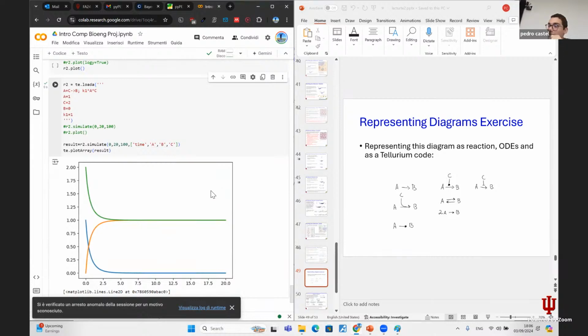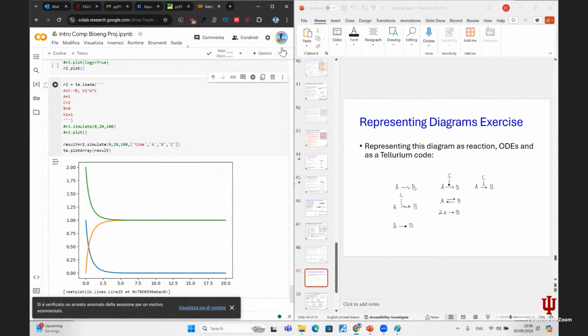This is what I thought should happen. So if you start with one of your reactants at 1, your product should go to 1, right?